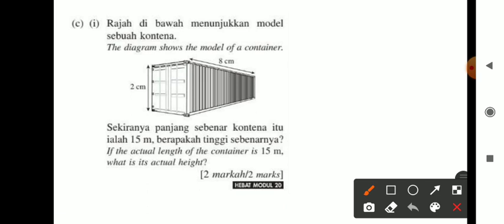If the actual length of the container is 15 meter, what is the actual height? Apa dia cakap? Okay, change this 15 meter into cm first. 1500. Okay, use this one. Drawing to original. This is only the drawing.